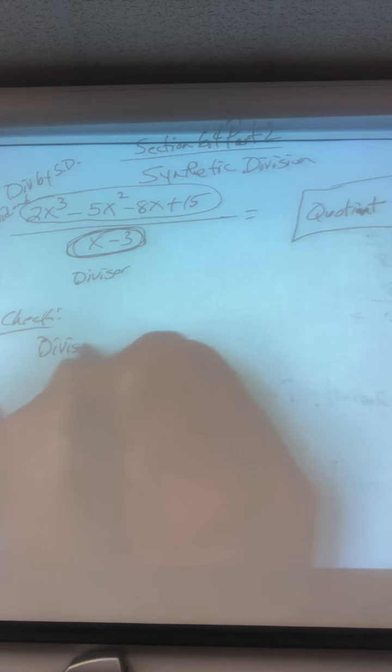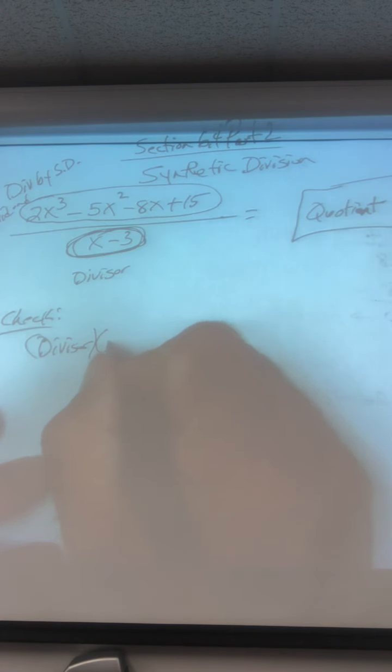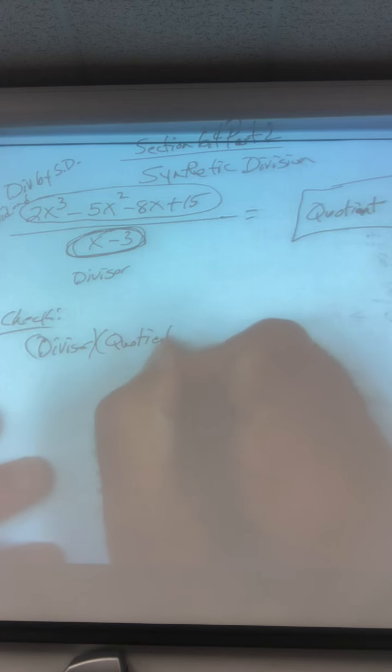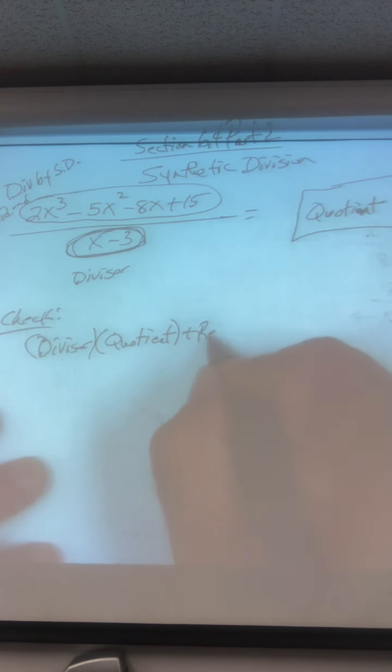Now, let me remind you of one other thing. Remember, we said when you check it, your divisor times your quotient, and then plus your remainder if you have a remainder.